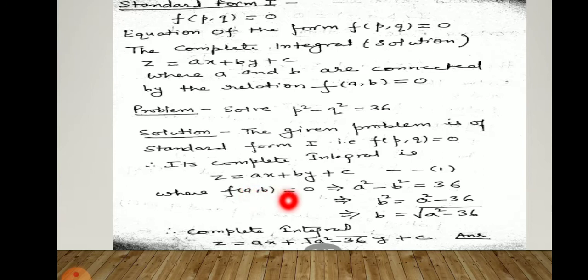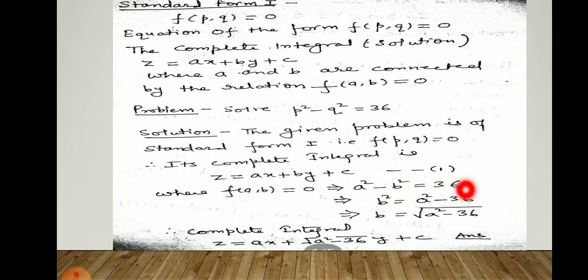If f of a, b equal to 0, it implies from this given equation p square minus q square equal to 36, we can easily find the relation f of a, b equal to 0, which is a square minus b square equal to 36.